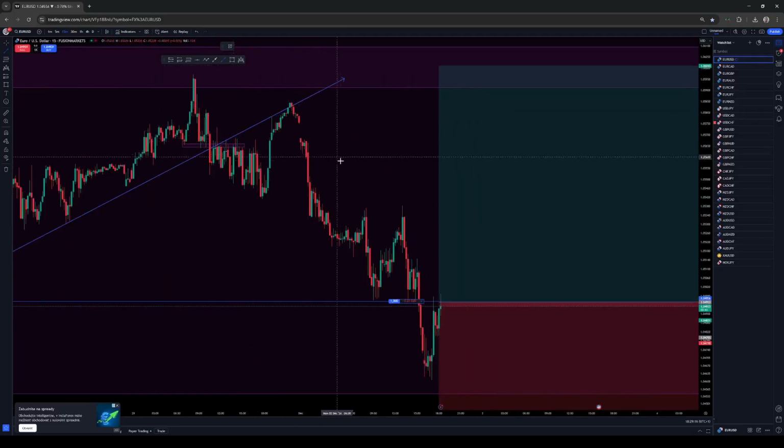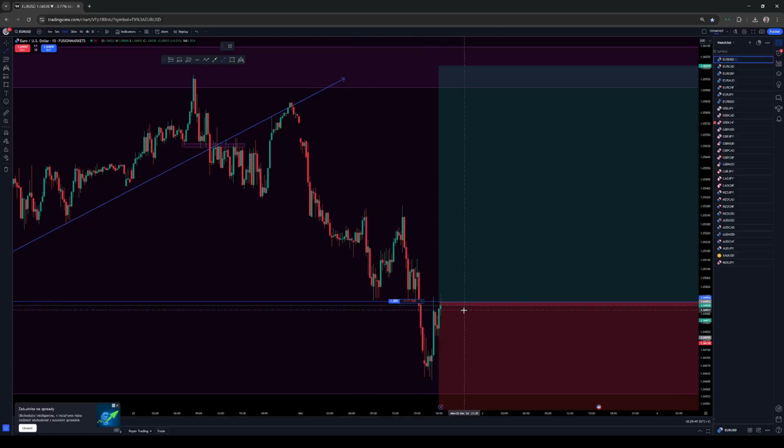There is a downtrend, and there was some sort of breakout. The price tried to push lower, but it was rejected, and there was some strong momentum to the upside, engulfing candlesticks as well.